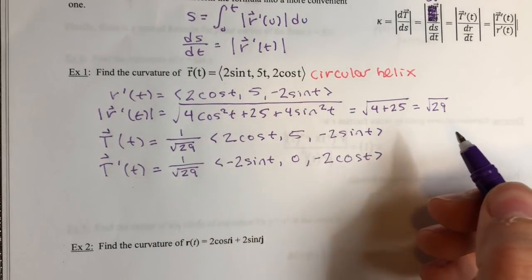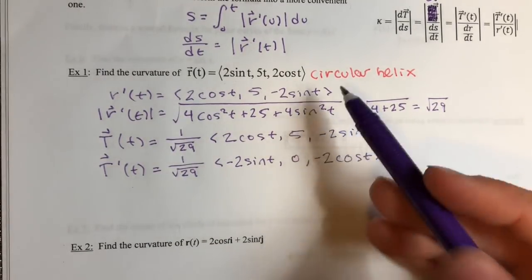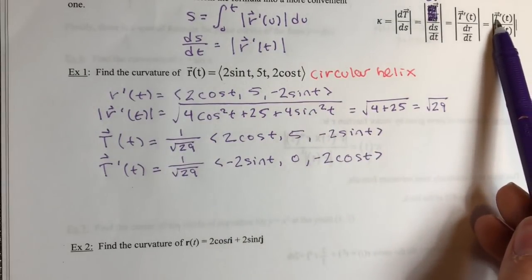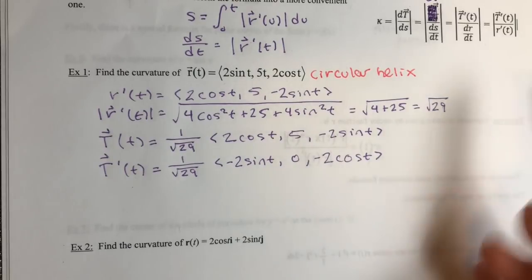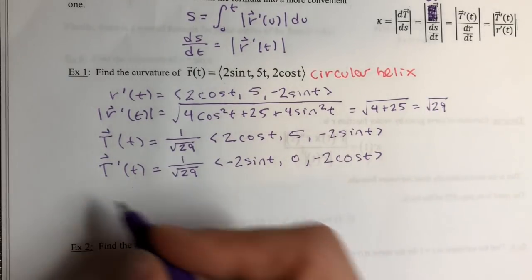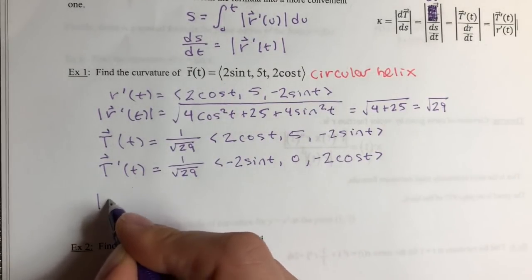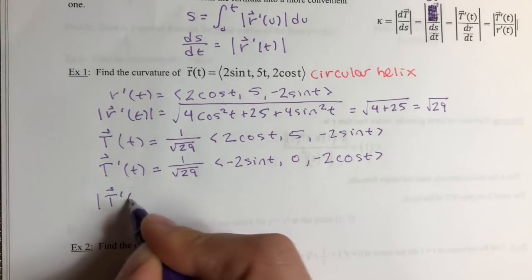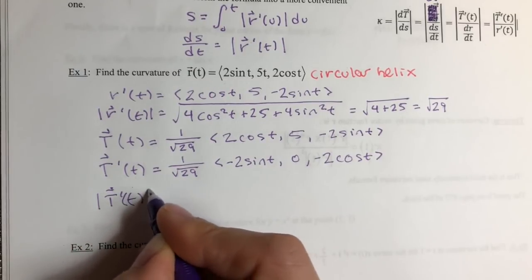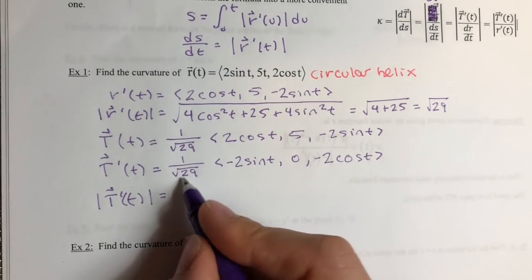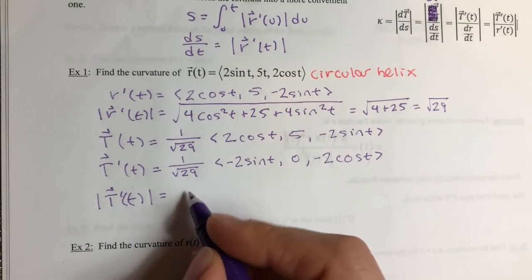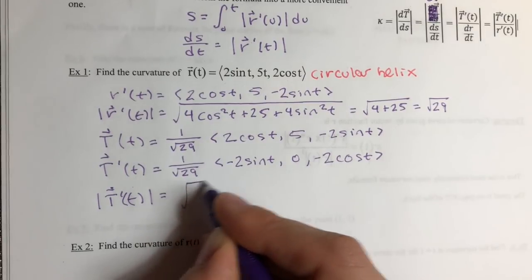All right. And finally, we're almost there, okay? Because I'm going to need the magnitude of that divided by the magnitude of r prime, which I already found here is the square root of 29. So the magnitude of my unit tangent vector will be, and you can include this in here or you can leave it outside. Either way, I'll include it just for the heck of it.